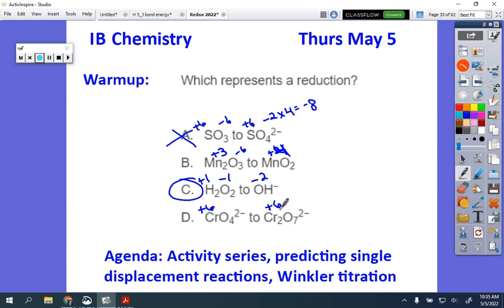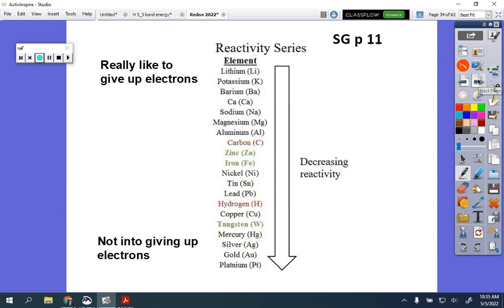Any questions on these? Anything not clear? Okay. All right. We are going to rush through the activity series today and touch on the Winkler titration. This is a really straightforward thing. We're not going to get into the weeds about this because you don't have to.